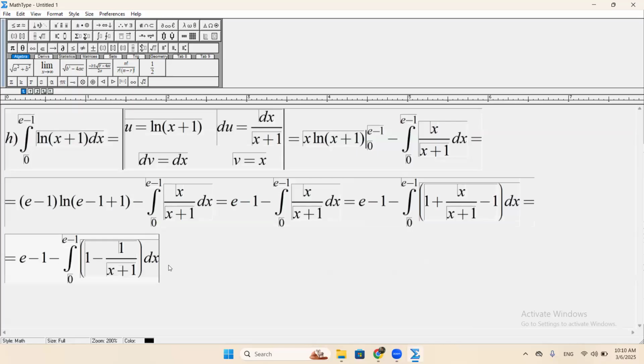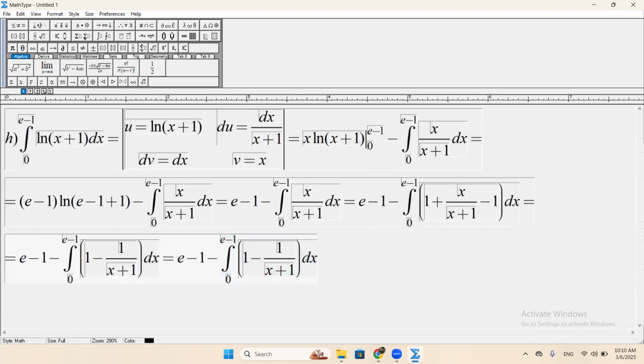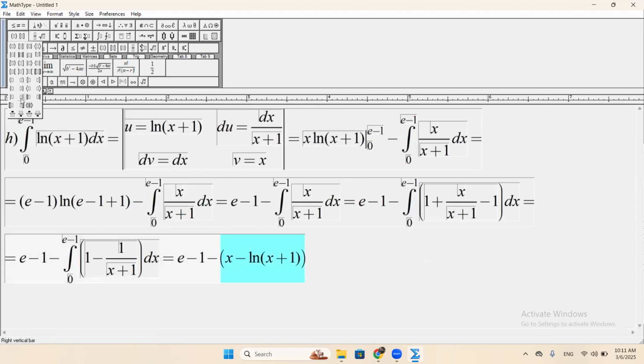And now we can integrate because we have a proper fraction. The antiderivative will be x minus logarithm of x plus 1, with substitutions from 0 to e minus 1.